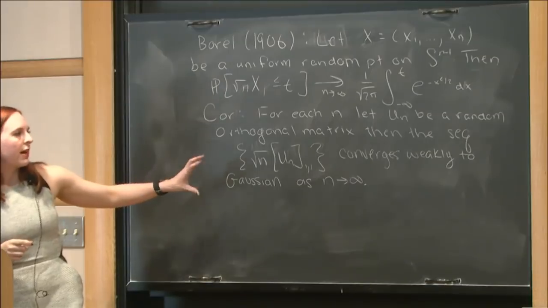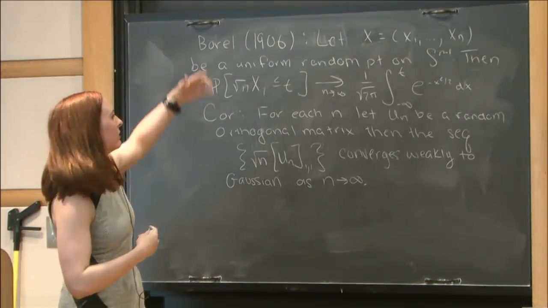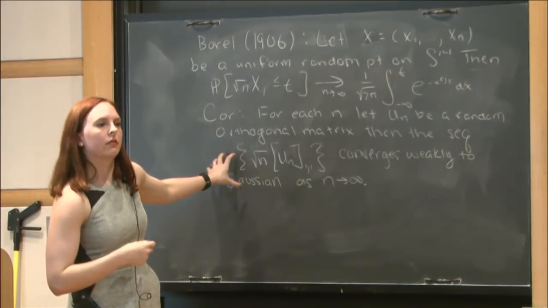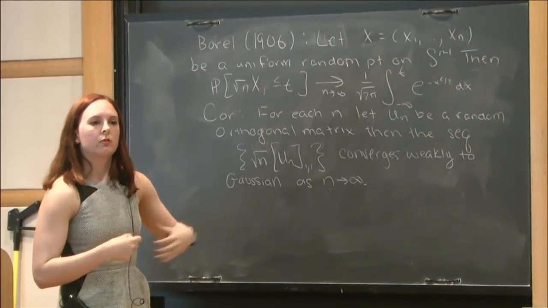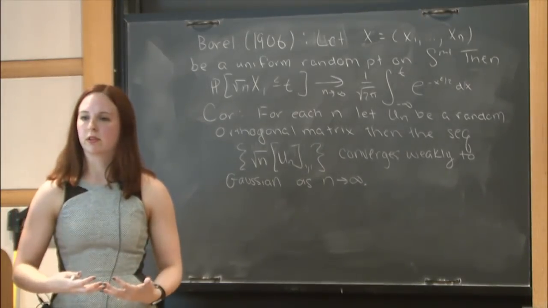And this follows from that first construction of Haar measure where we chose the first column uniformly from the unit sphere. So Borel's result on the sphere gives us the result for the matrix. So the individual entries of our random orthogonal matrix are essentially Gaussian.